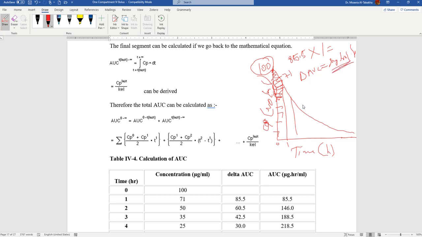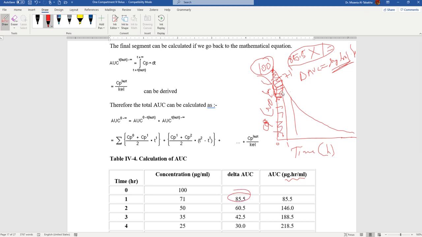So this is your unit: microgram per ml, or you can write it as milligram per liter, multiplied by hour. شوفوا, it's microgram per ml multiplied by hour. طيب, so the first area, which is this one, has an area of 85.5 microgram per ml multiplied by hour. This is the first area.